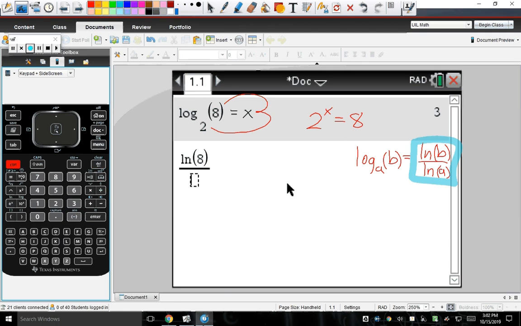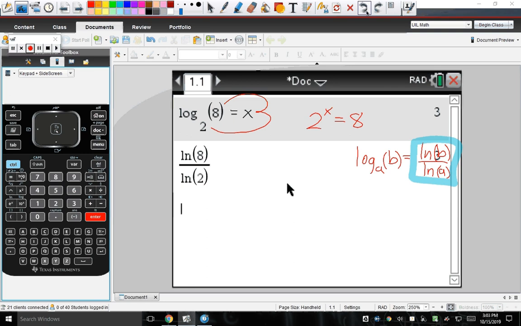So control e to the x, and we'll put 2. And when I press enter, it gives you 3 again. So again, please memorize this change of base formula, basically: log base a of b is the same as natural log of b divided by natural log of a.